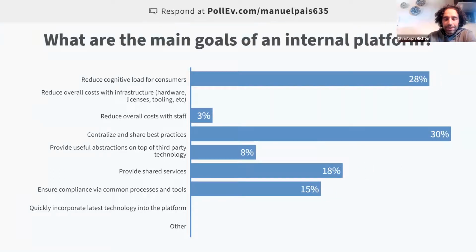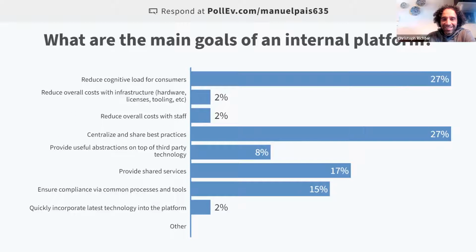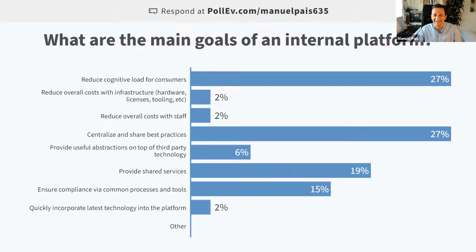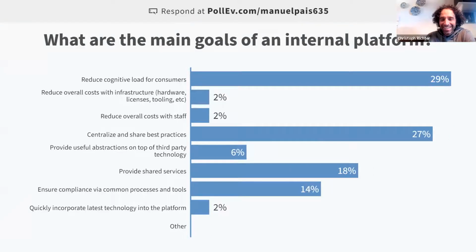So when you started working in this field or on this topic, what was an internal platform back then? You want me to be honest? Yeah, I want you to be honest. Absolutely.